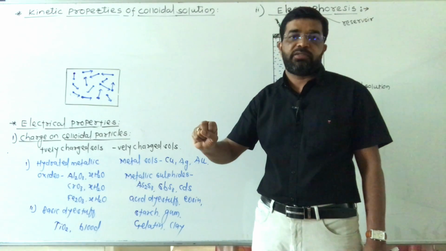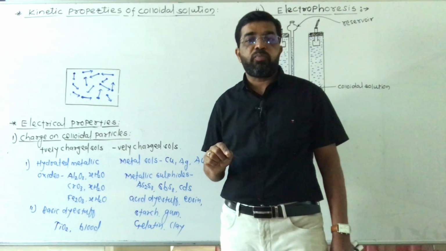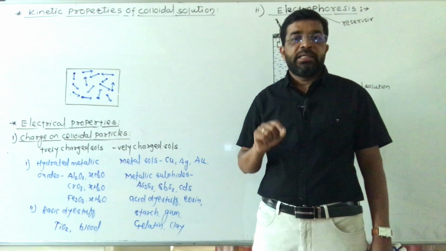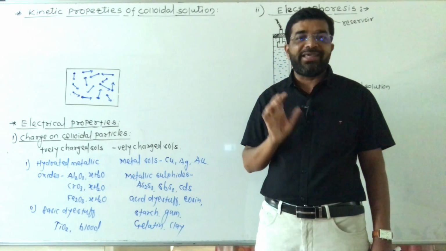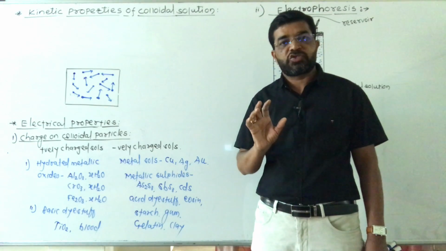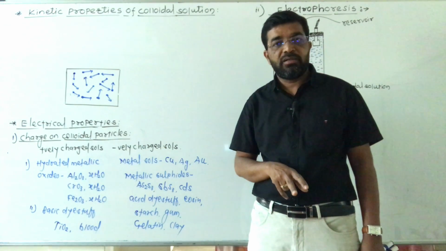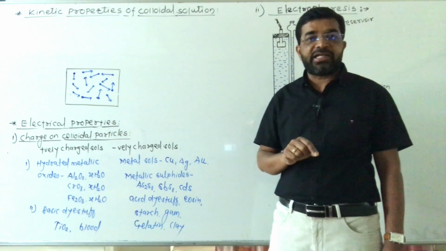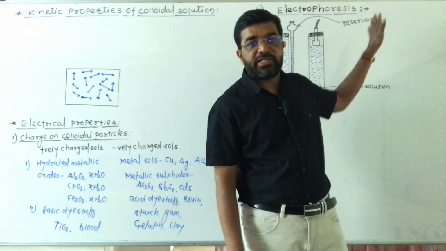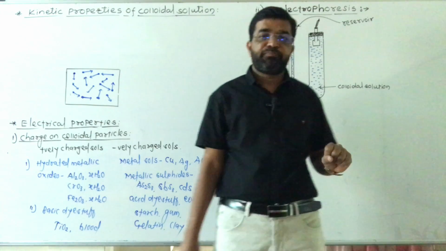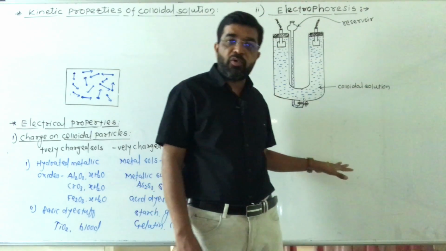Also we have to study electrical properties of colloidal solution: why colloidal particles acquire charge, that is, charge on colloidal particles. Other electrical properties like electrophoresis and electro-osmosis, and those experiments we have to study.